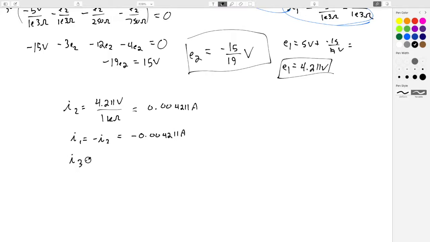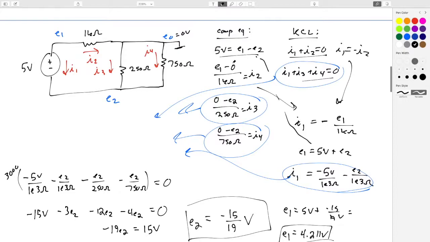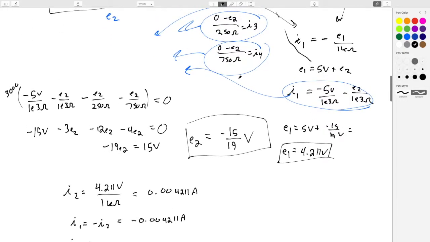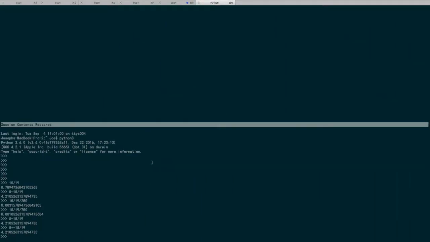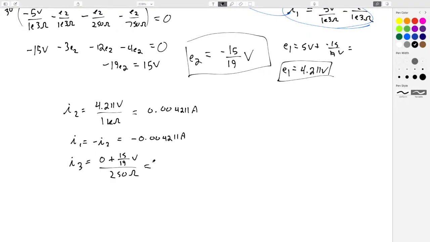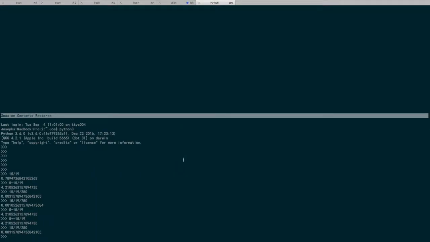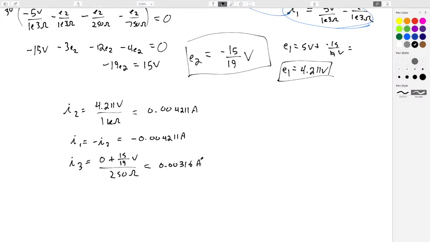Okay, I3 equals what? 0 minus E2 over 250 ohms, so that'll be 0 minus negative 15 over 19, so that's plus 15 over 19 volts over 250 ohms. We already know the answer to this if you've been following along, but let's just do it out anyways. 15 over 19 divided by 250 is 0.0032.